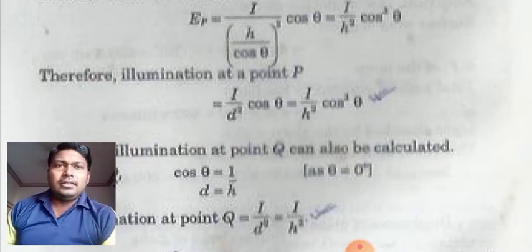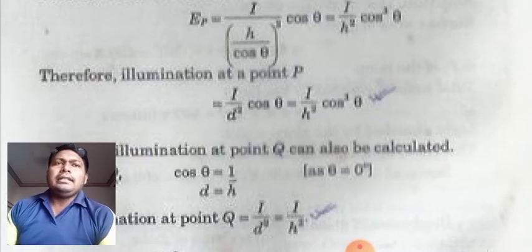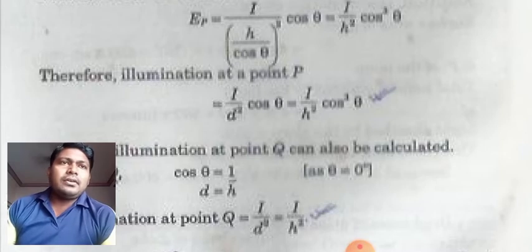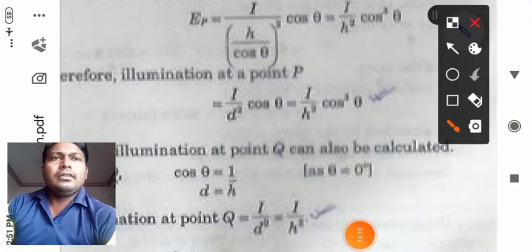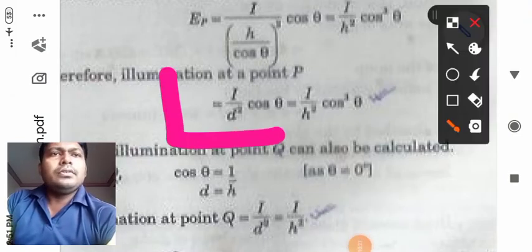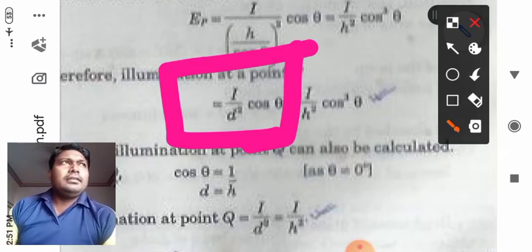If d is given, then you can find the illumination as I divided by d square cos theta, and if height is given, then you have to use I divided by h square cos cube theta. So mind you students, there are two different cases. If d is given, you will use this formula. What is d? It is the distance between the body which has to be illuminated and the source.